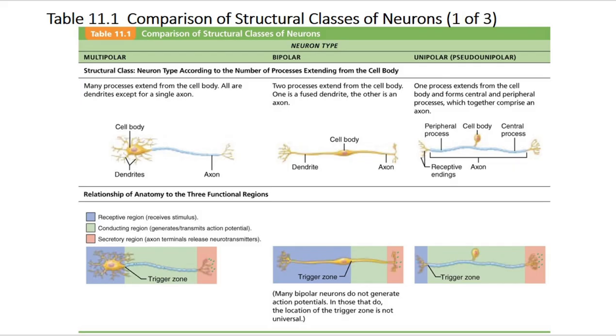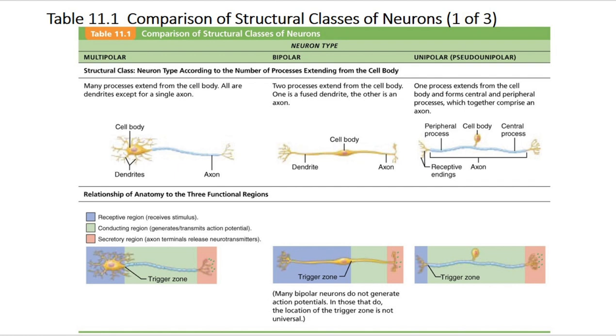So here we can see all 3 types of neurons. Multipolar neurons on the left, with its cell body, many dendrites, and one axon. Bipolar neurons in the middle, with its central cell body and only 2 processes, one being the receptive dendrite end, and the other being the conductive axon end.